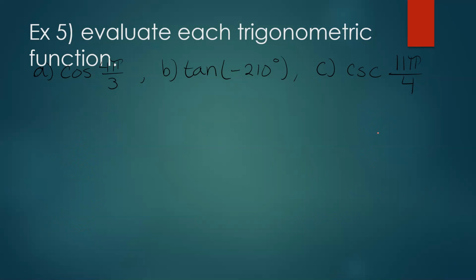Start with cosine. We've got to find the cosine of 4 pi over 3. So where is 4 pi over 3 in your unit circle? It's exactly in quadrant 3. 4 pi over 3 is the same thing as 240, so it would be right here.